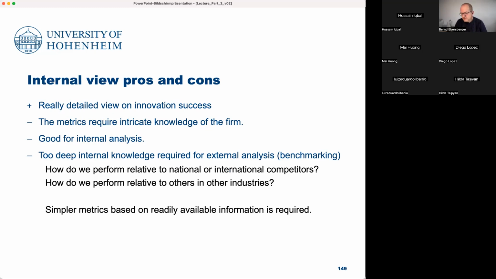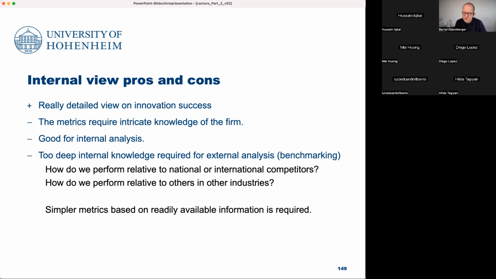Now, that holds for internal views and externals as well. So the question is, when we want to do some benchmarking, when we want to look at other companies, how do they do innovation? How do they perform in innovation?